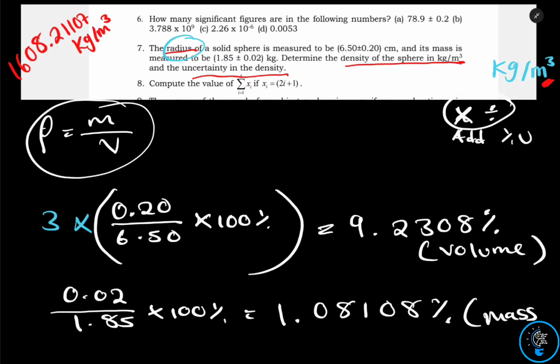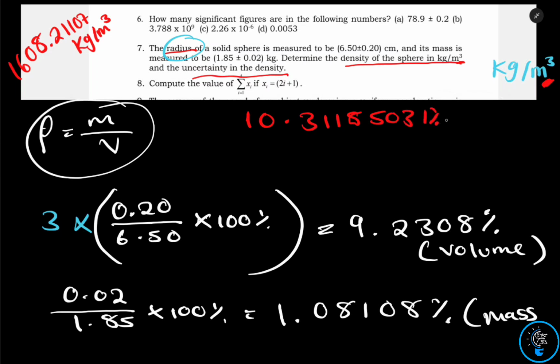So I'll add the two percentage uncertainties, this one plus 9.2308. And the value will be 10.31185031%. Okay, so this one is for density.